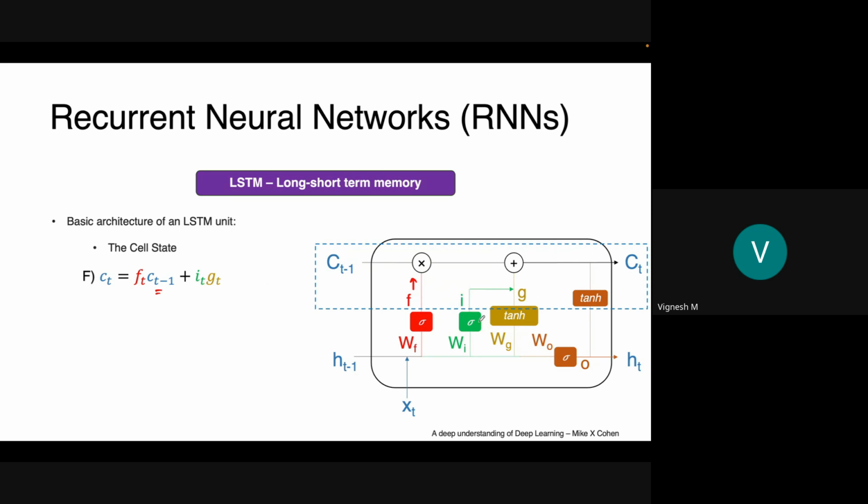And then the new information, I of t and this G of t, which is basically the current activations, right? These two combine and then they get added to the current cell state to produce the new cell state. So you have something from the present, you forget something about the past, and you keep a record of that.